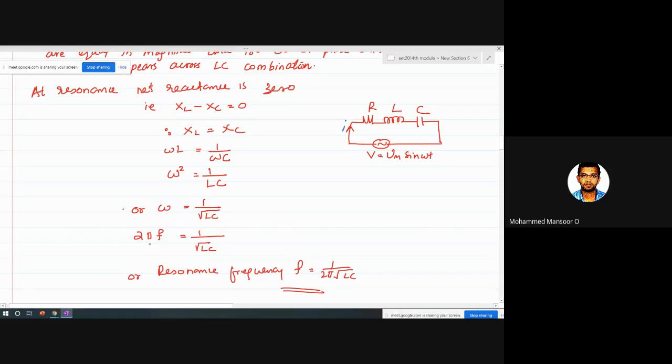Omega is 2 pi F, or at resonance we can call it omega R. So omega R is equal to 2 pi FR, which is equal to 1 by root LC. So the resonance frequency equation is FR equal to 1 by 2 pi root LC. Clear?